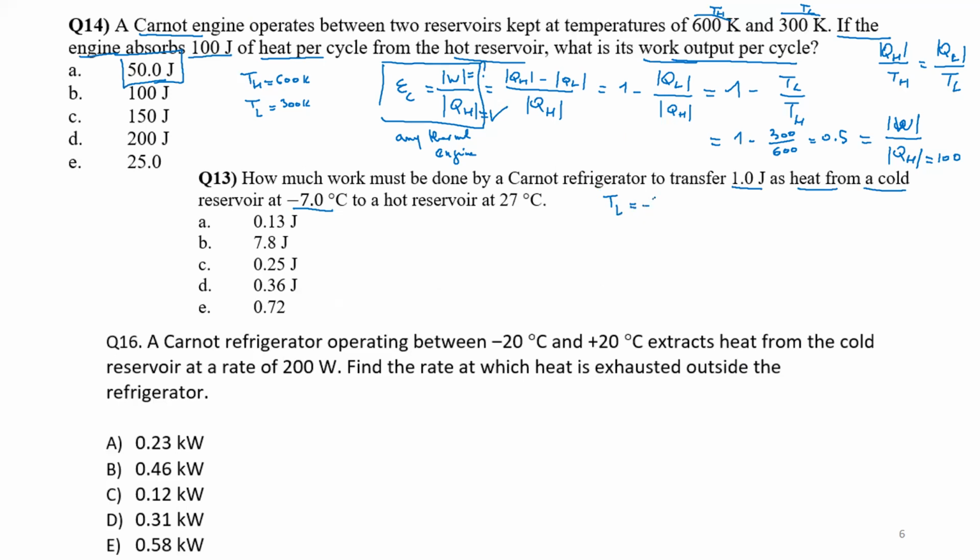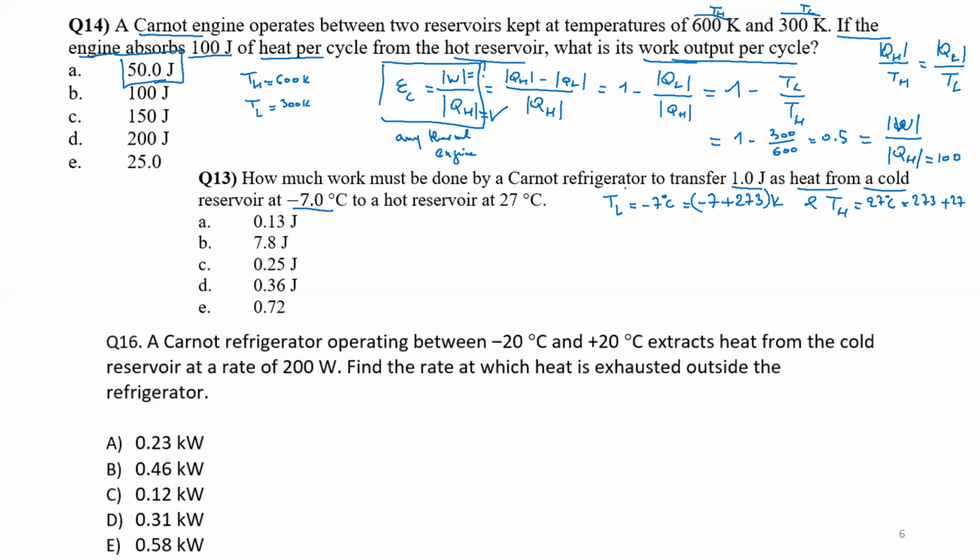TL is -7 degrees Celsius. Of course, I put it in Kelvin. So it will be -7 plus 273 Kelvin. What is TH, the high temperature reservoir? It's 27 degrees Celsius. So I know that it will be 273 plus 27. Good.